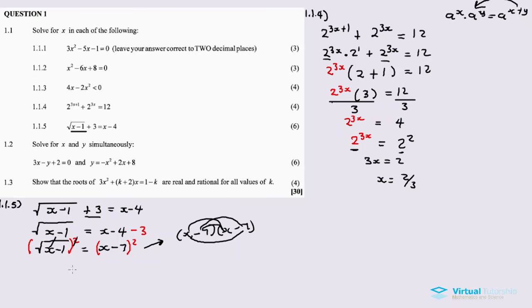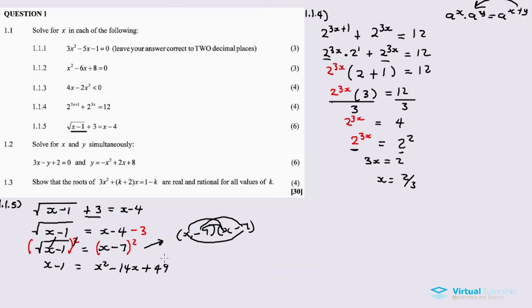After foiling the two brackets, we'll end up with x squared minus 14x plus 49, and then on the left hand side, we have x minus 1.